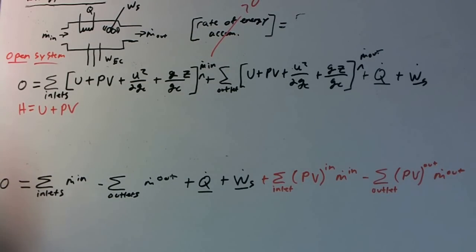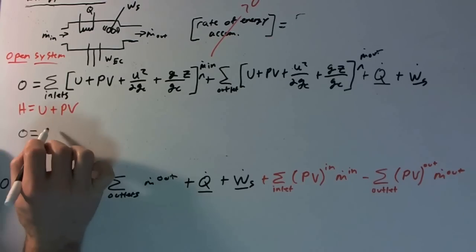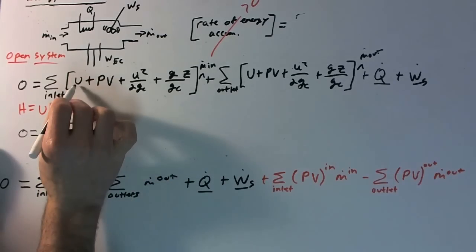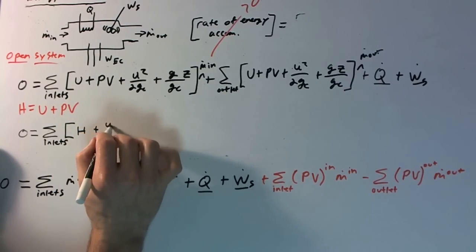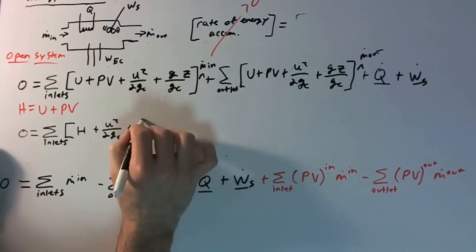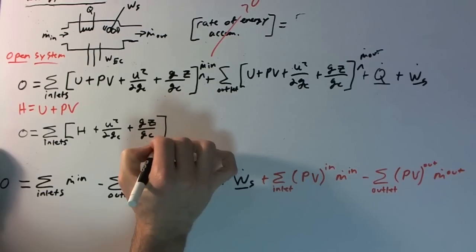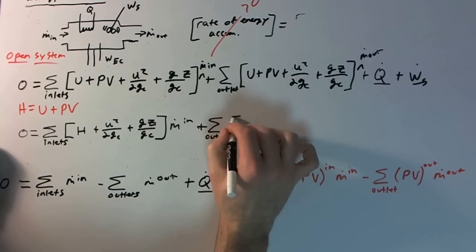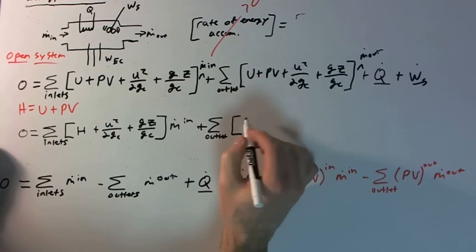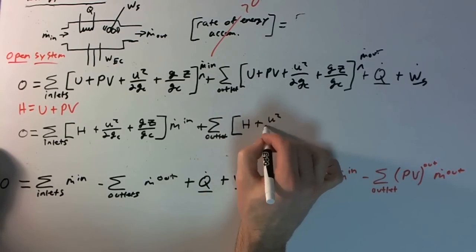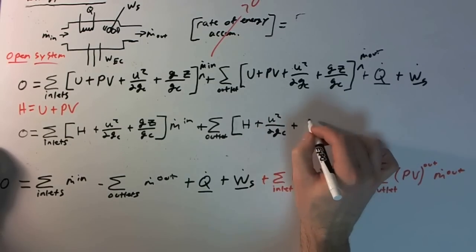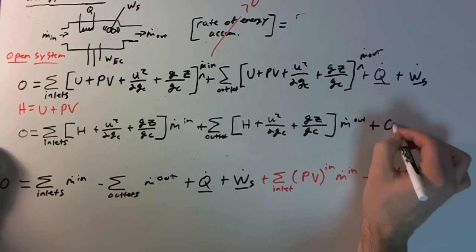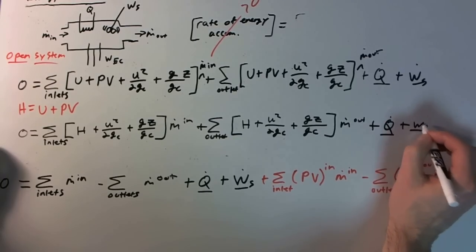So 0 is equal to the sum of the inlets: the enthalpy, which is just internal plus pressure times volume, plus u squared over 2 g c plus g z over g c, times the mass flow rate in, plus the outlet h plus u squared over 2 g c plus g z over g c times the mass flow rate out, plus Q, still extrinsic, plus shaft work, still extrinsic.